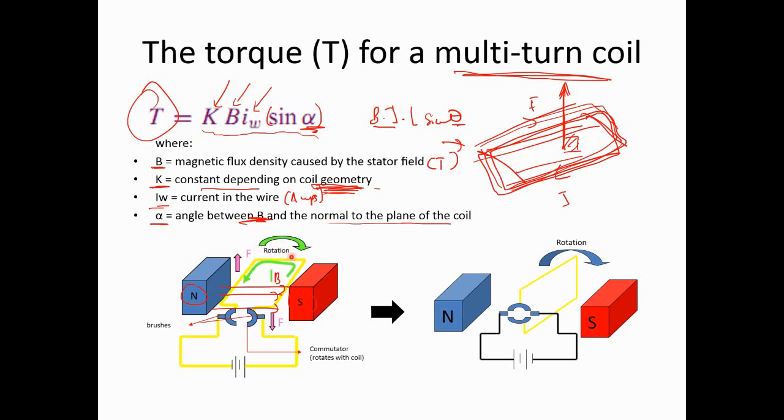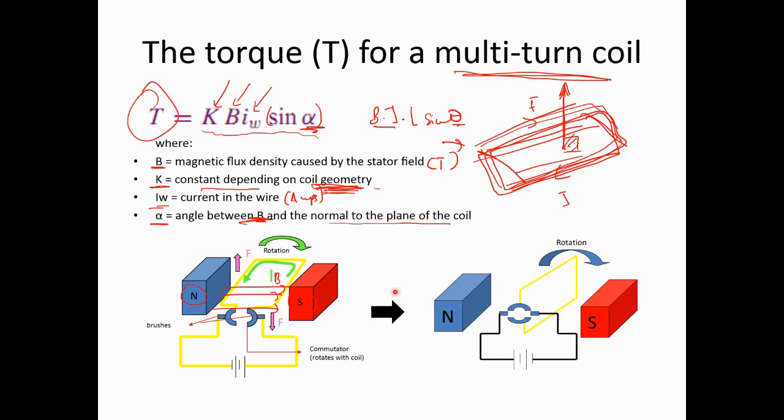This clockwise rotation, with force F on the left and right hand sides, is represented as torque here, right? So what happens is that the coil will rotate and rotate until it reaches this particular position, and then it can continue to rotate.